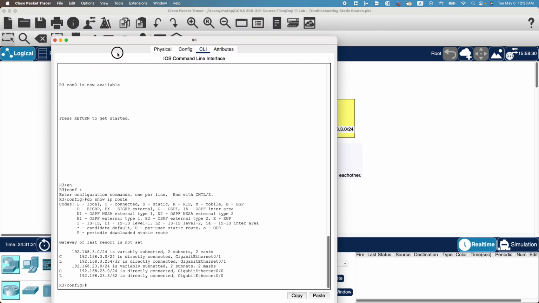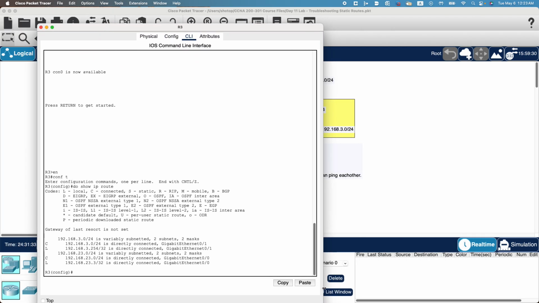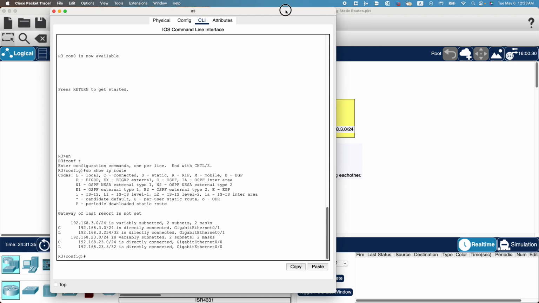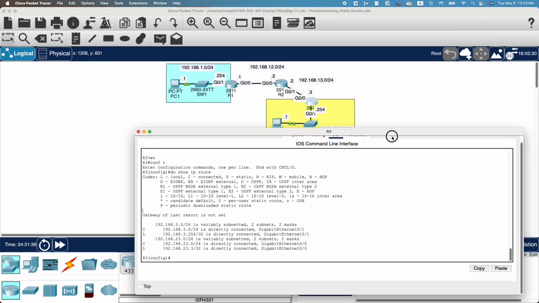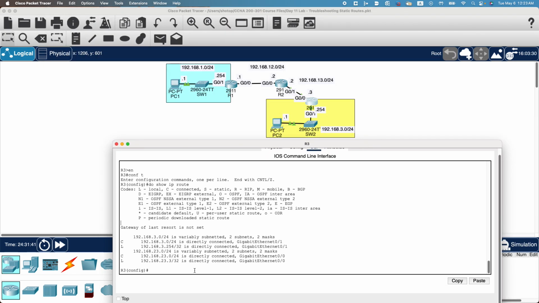It's also saying that it's got connected. One sec. It's saying it's got variably connected. I don't know what that means, variably, via its gigabit 0/0.